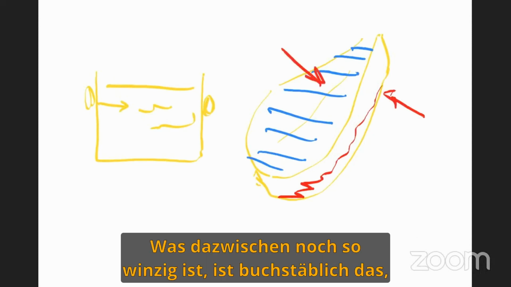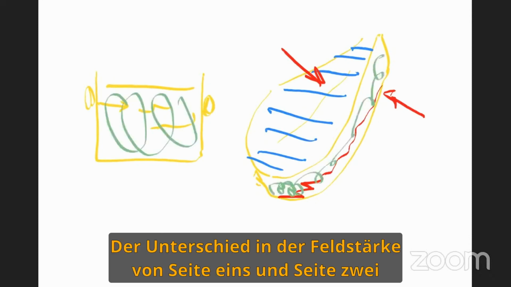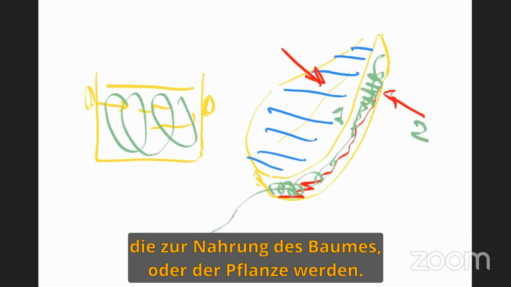What is in between, even so tiny, is literally what you see as water in this cup. The difference in the field strength of phase 1 and phase 2 allows a specific field to be absorbed, which becomes the nourishment of the tree or the plant.